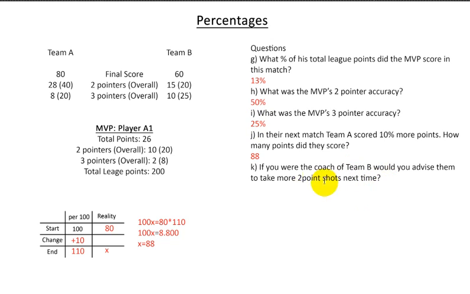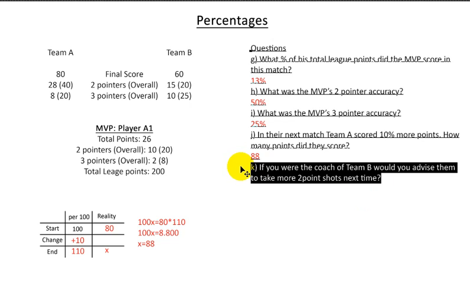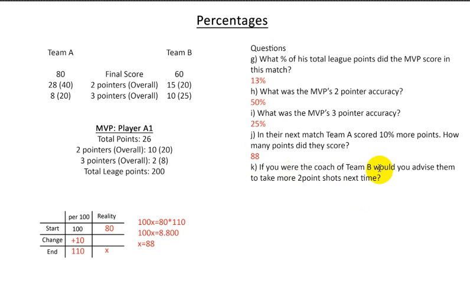Last question is a bit difficult to understand if you don't read it correctly. It asks, if you were the coach of Team B, would you advise them to take more two-point shots next time? What this is asking basically is it's asking you to focus here on this part.